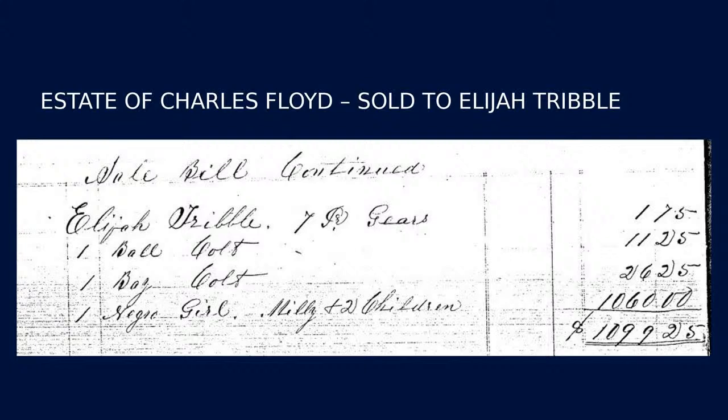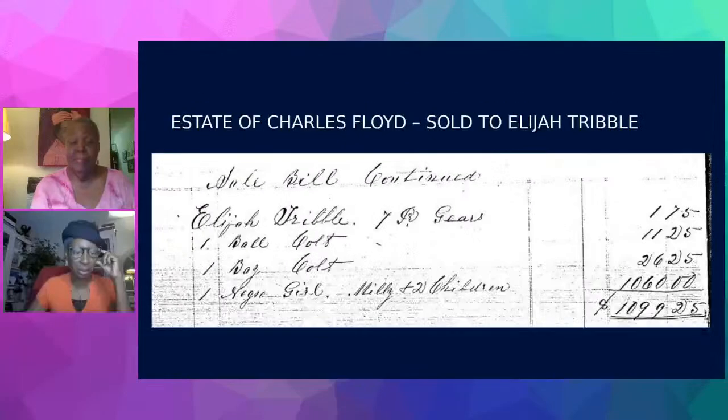Yes, a bale of cotton, one Negro girl, Millie, and 2 children, $1,600. Mom said this was chilling to see her people on the same page. Are the 2 children Patrick and Hamp? Yes. Yeah, it is chilling.